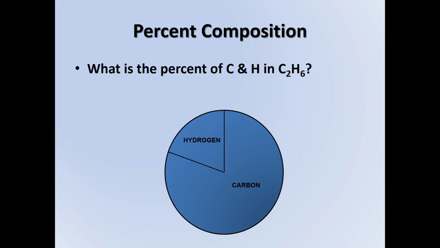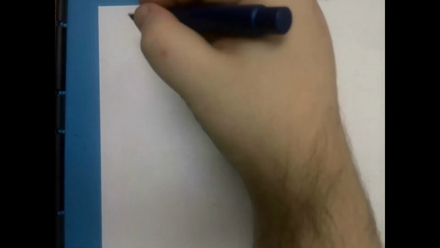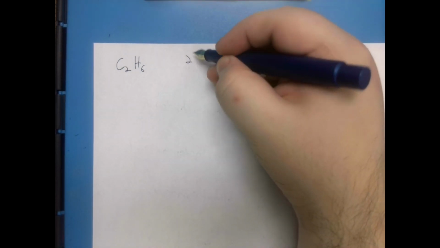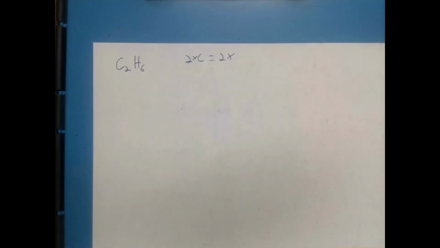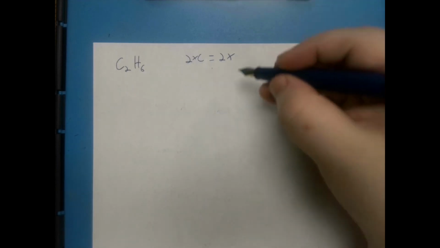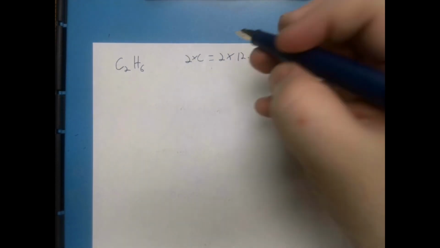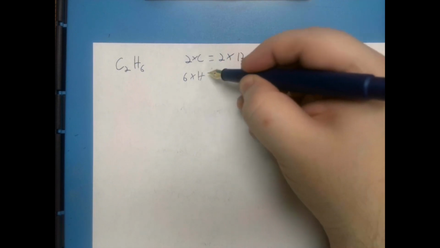So, what is the percentage of carbon and hydrogen in C2H6? We have 2 carbon. So we would do 2 times, looking at the periodic table, and then we do 6 times hydrogen.